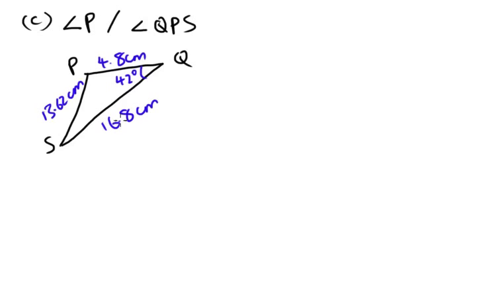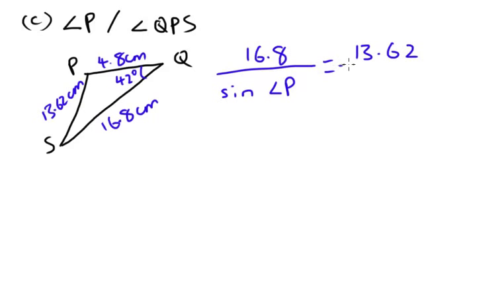So since we want to find the angle P now, we can use the sine rule because we have a pair already. So now 16.8 over the angle we want to find, which is the P. So sine angle P equals to the pair, which is 13.62 over 42 degrees, and then we put the sine.